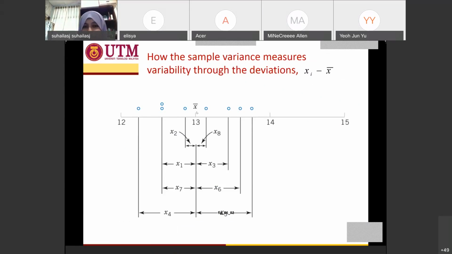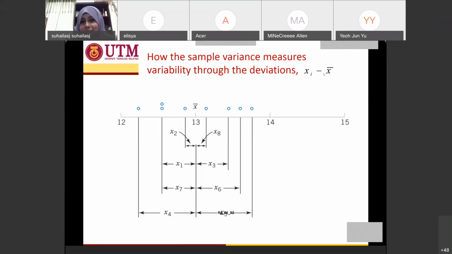Ini dikatakan kita punya X bar tu is 13. Xi ni kita punya observed value, kita ada yang dot-dot ni, ini kan punya observation lah, X1, X2, and so on. So apa yang dia tunjuk kat sini, dia punya deviation, dia punya variasi. Maksudnya X1 minus X bar, X2, jarak daripada titik ni ke sini. So itu dia punya variasi. Berapa jauh data kamu terserak daripada nilai min, nilai di titik tengah tu. Okay. So itu variasi dia.